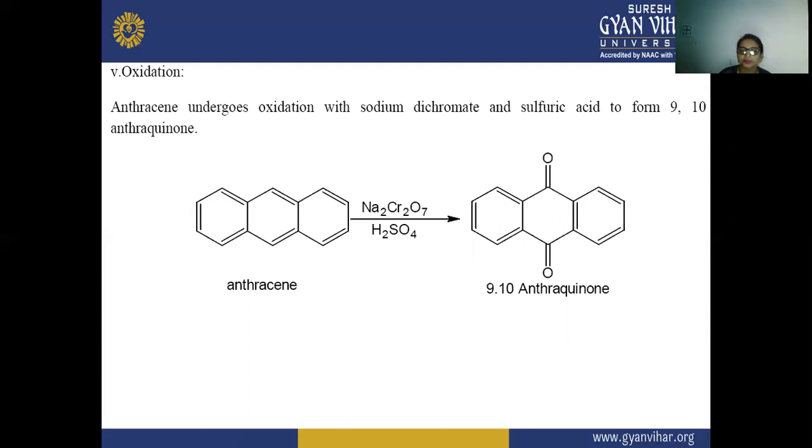From this anthracene, this anthraquinone is formed by the oxidant, that is your sodium dichromate. So the oxidation is occurring here. This anthracene undergoes oxidation in the presence of the sodium dichromate and sulfuric acid, and there is a formation of this 9,10 anthraquinone.